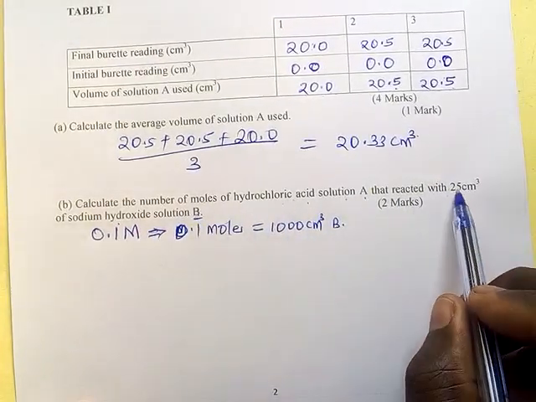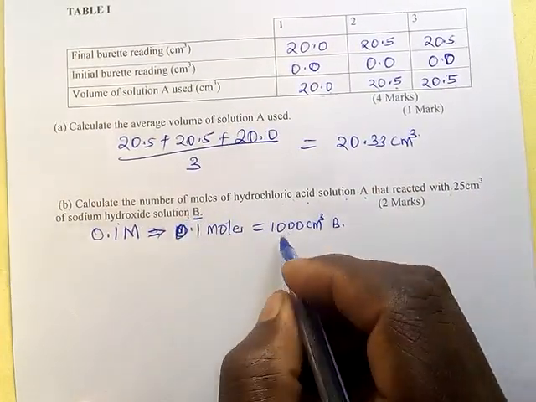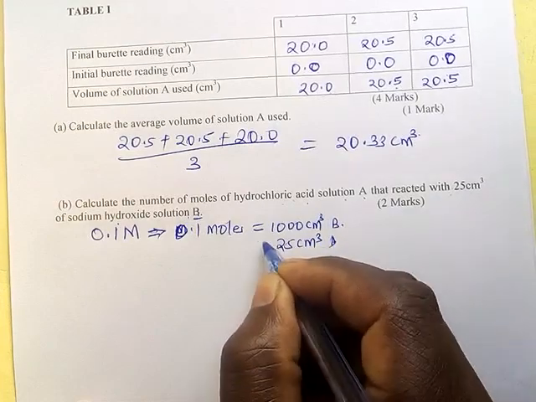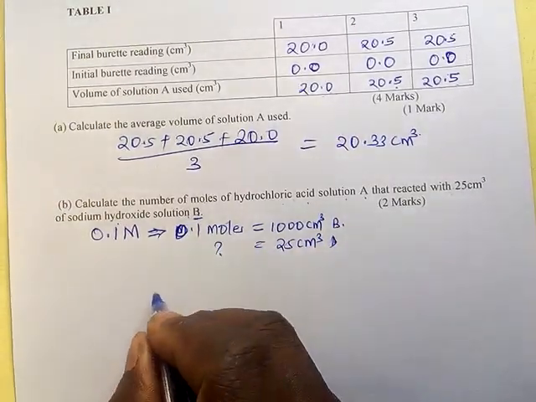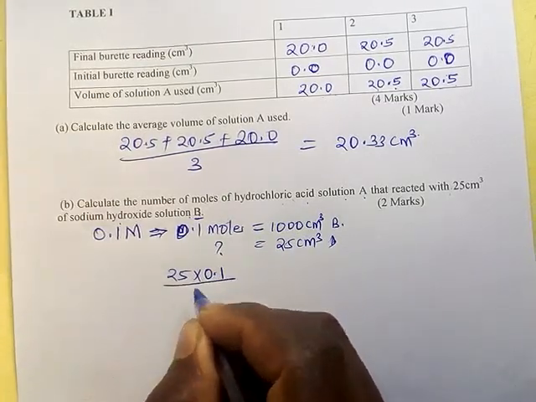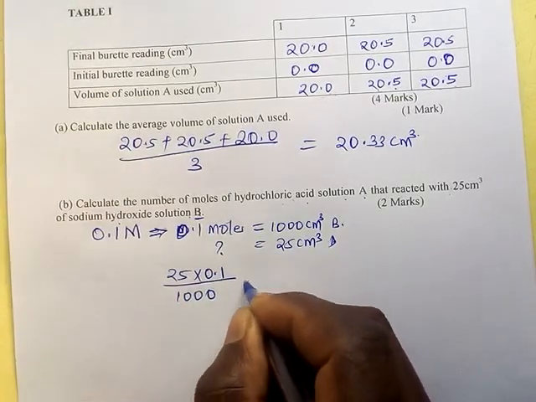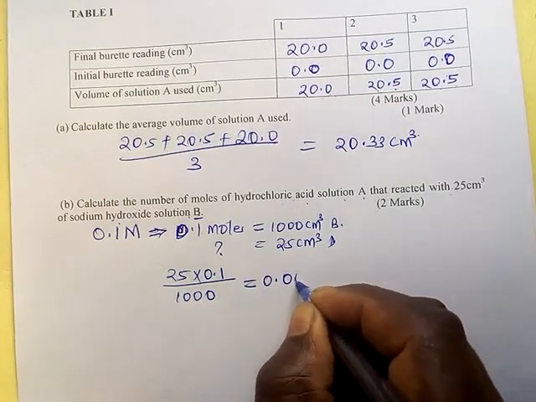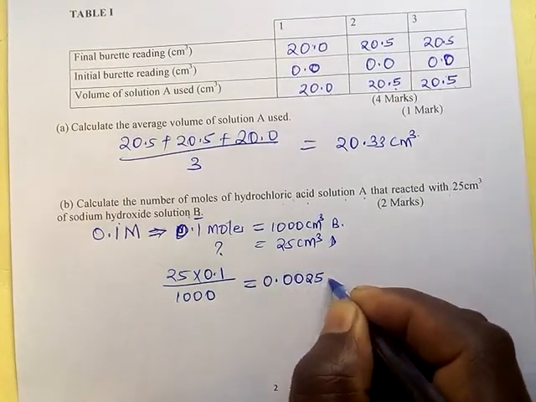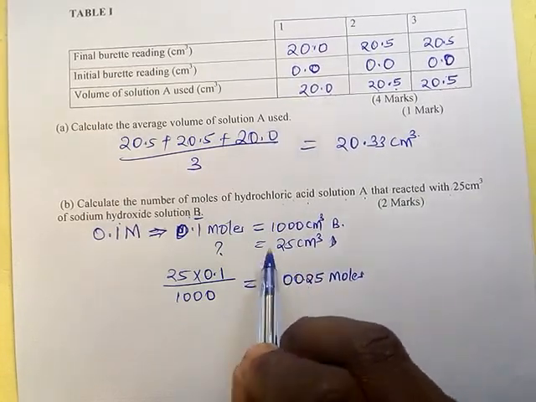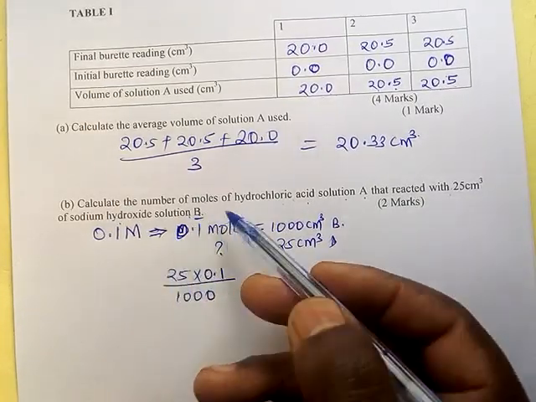Remember that? 25 centimeters cube of B. Therefore, we will ask, 25 centimeters cube B would contain how many moles? Therefore, it is 25 times 0.1. We divide by 1,000, and our answer is 0.0025 moles.